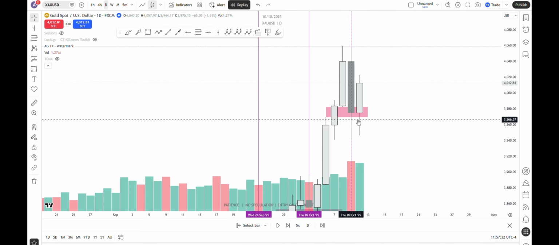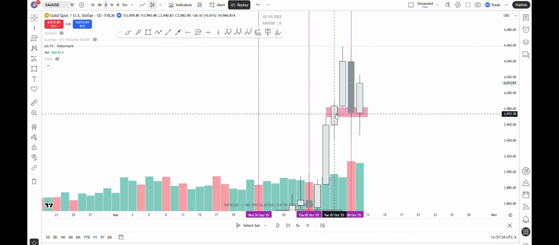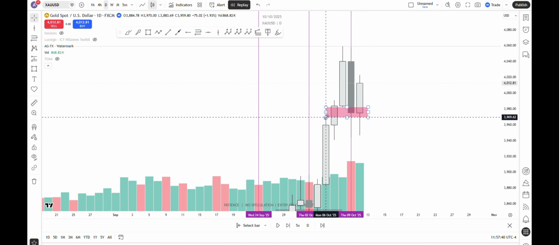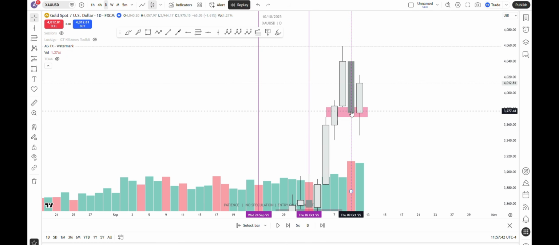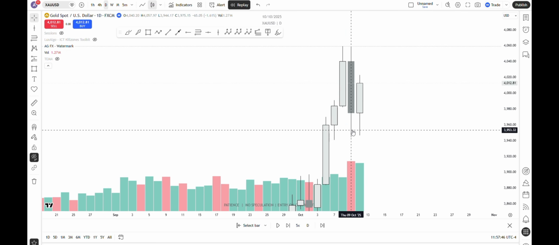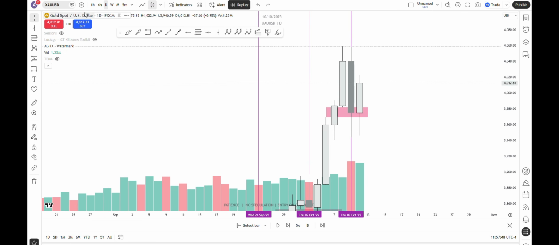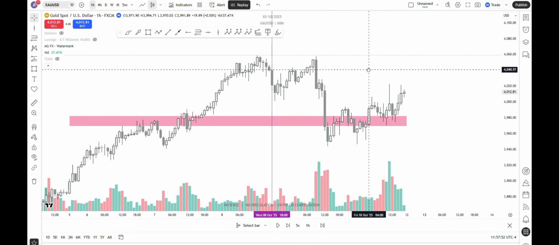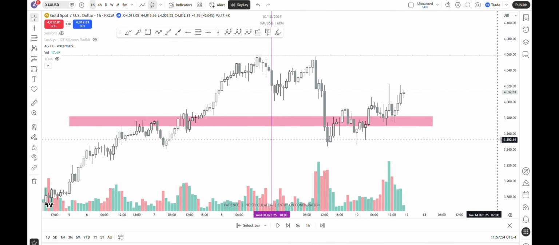Now since this is a daily fair value gap, if this daily fair value gap needs to become invalid, in that case this daily candle needs to close below this fair value gap. But you can see that did not happen. Market came down, market just created a wick, and after that market started to push higher. So as long as there is no closing at that same time frame, that POI is not invalidated.